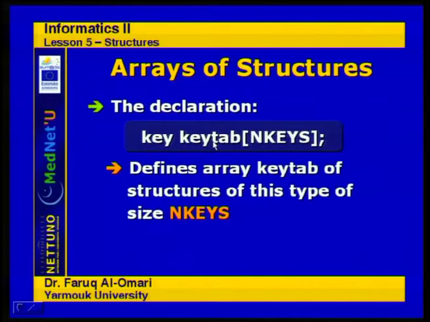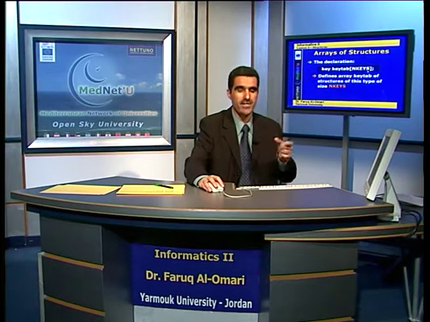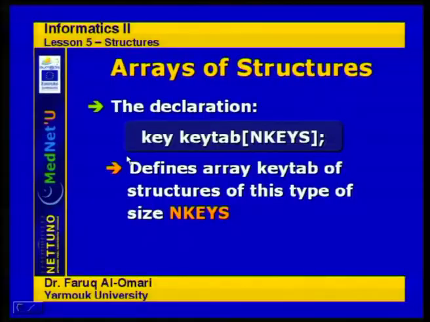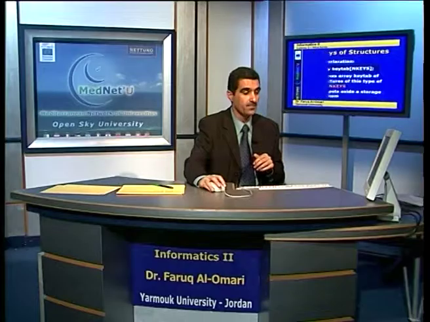And then the declaration key tab, this is the variable name, array of size n keys. This way, I'm reserving in memory actually an array of structures. The number of entries in this array is n keys. Each entry is actually a structure of type key. Okay? So this way we're defining an array of structures. Actually, this reserves storage for it in the memory.